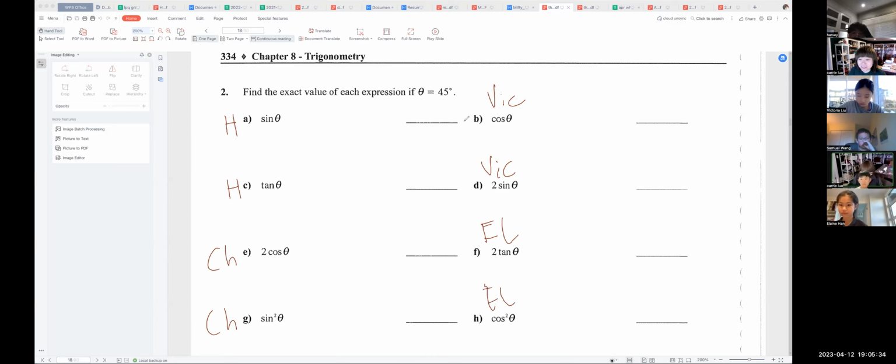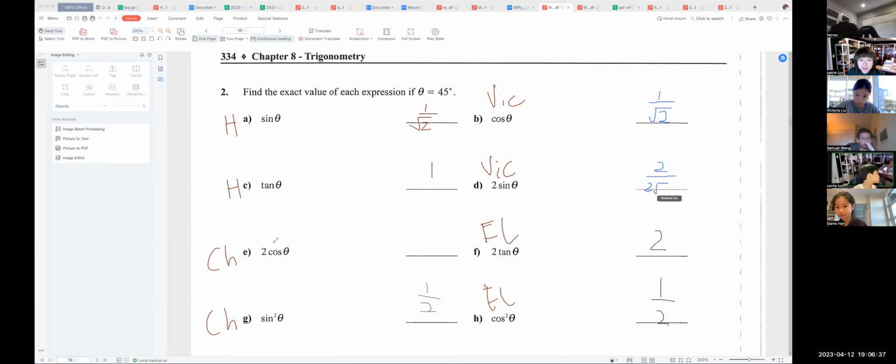Do it yourself. 直接写在上面。Why am I using yellow? Okay, chapter 2 cosine theta.